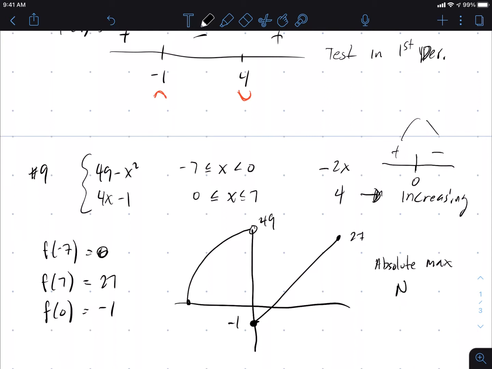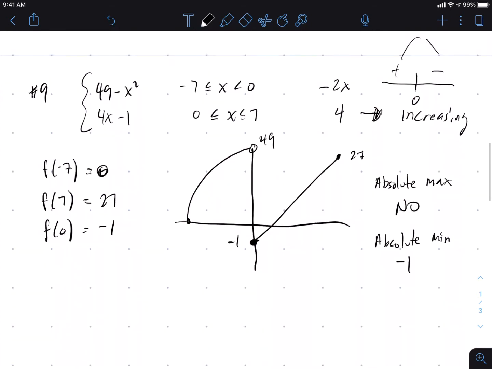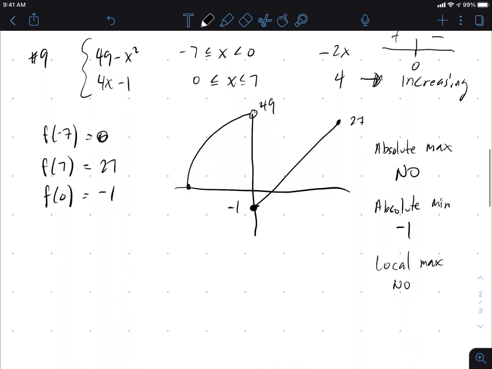No, there is no absolute max. Do we have an absolute minimum? -1. That's correct, it's -1. Do we have a local maximum? 27. No. Endpoints cannot be local. Oh, that's right. Do we have a local minimum?